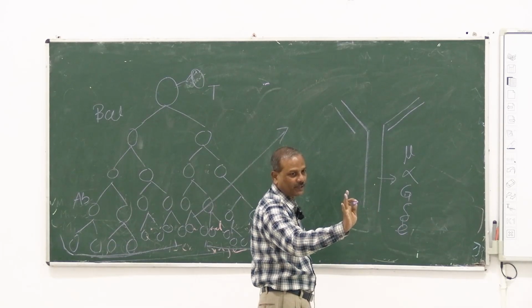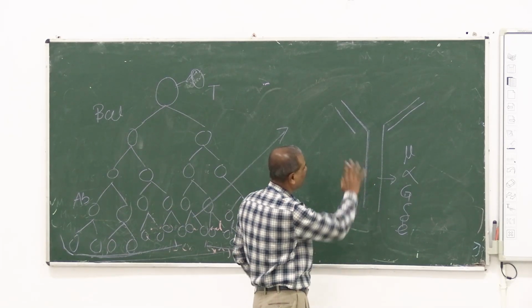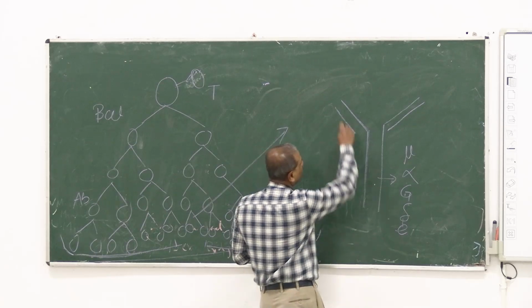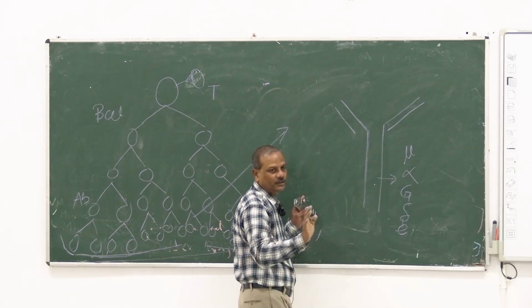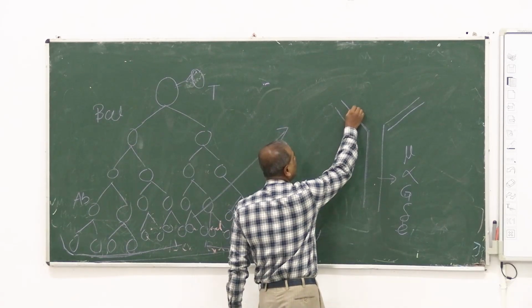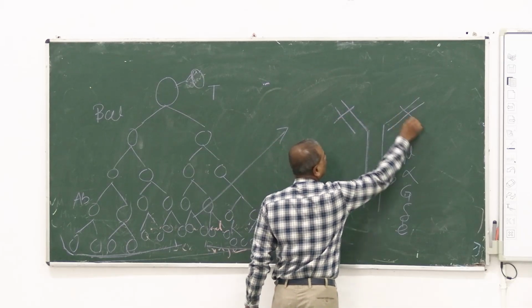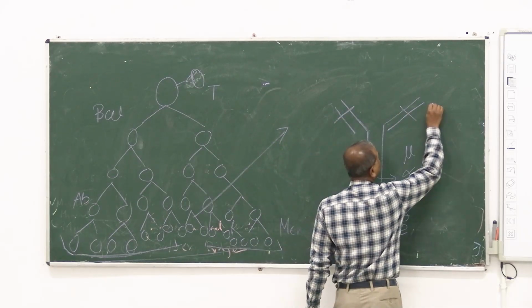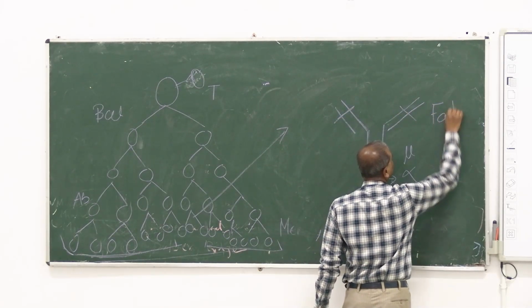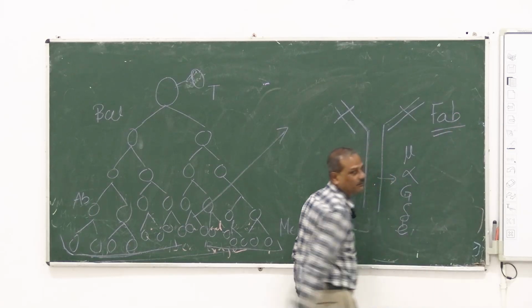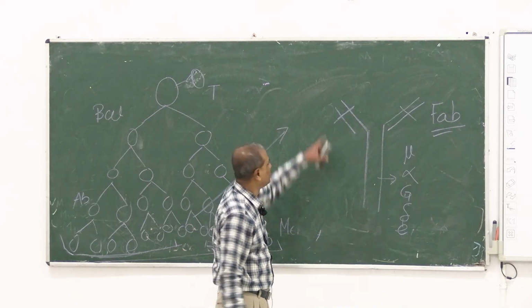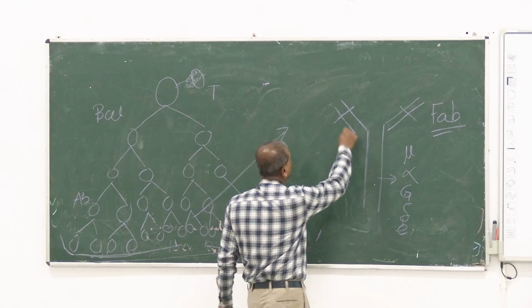Don't be hasty. Right now you understand only this antibody part. This whole antibody doesn't get involved in the binding. Only this part, called the Fab region, meaning fragment antigen binding, does the binding. There are two light chains and two heavy chains.